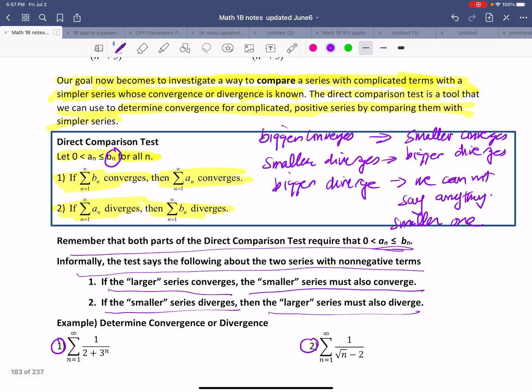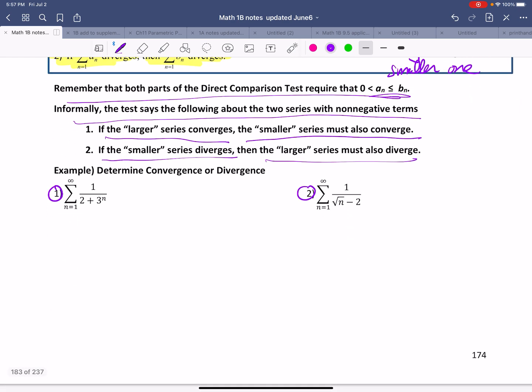Let's see some examples. Here we have the sum of 1 over 2 plus 3 to the power n. Our goal will be to compare it with either a p-series or a geometric series that we know for sure converges or diverges. So we can compare with the summation from n equals 1 to infinity of 1 over 3 to the power n.